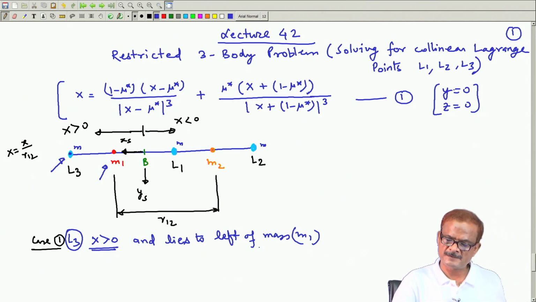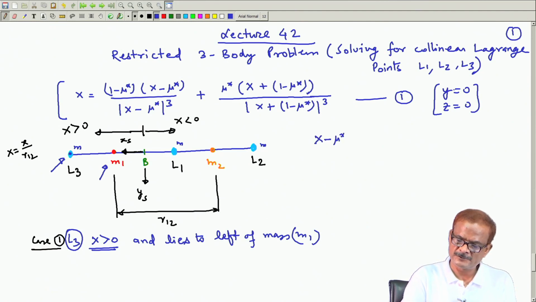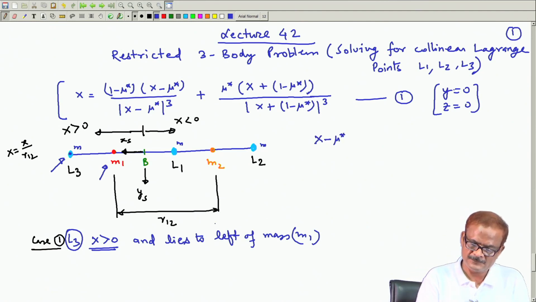Okay. So, in that case immediately we can see x minus mu star, and what is mu star? As we know from our earlier discussion, this mu star is nothing but this distance, and this distance is 1 minus mu star.